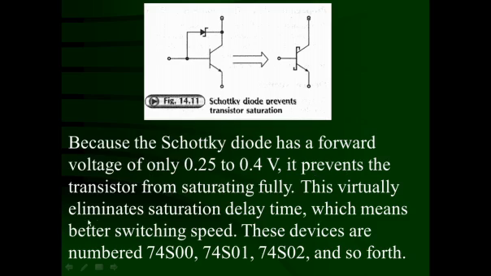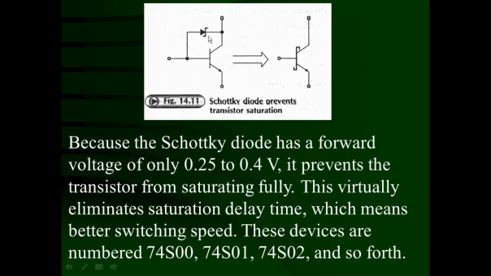This virtually eliminates saturation delay time, which means better switching speed. These devices are numbered as 74S, S standing for Schottky. So 74S00, 74S01, 74S02, etc. This is the fourth type of the TTL circuits.